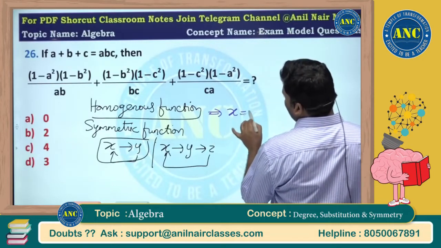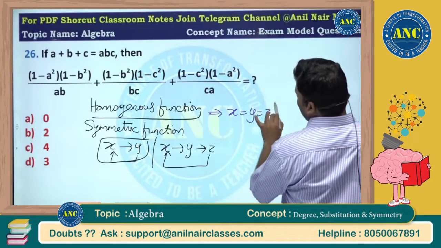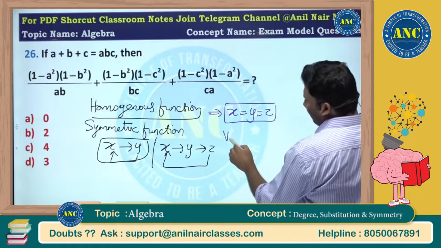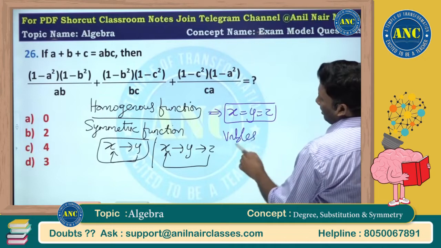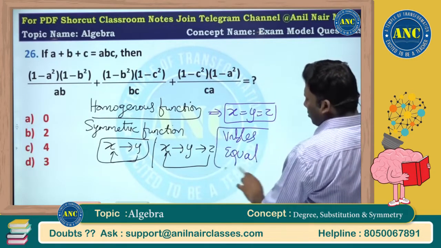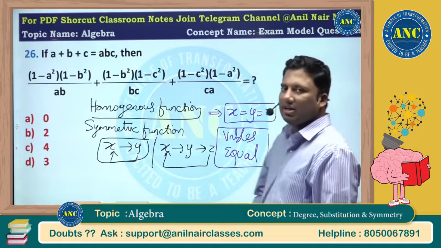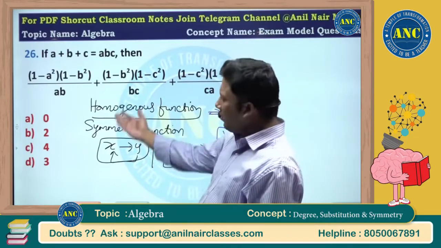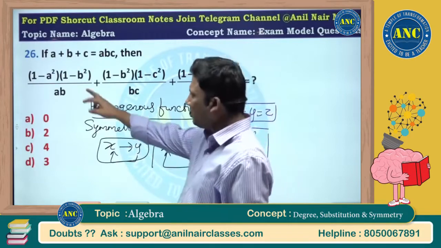In symmetric functions, what will you do? Make the variables equal. The best way to solve this equation is to make the variables equal. Try to make the variables equal, you will get the answer very fast.